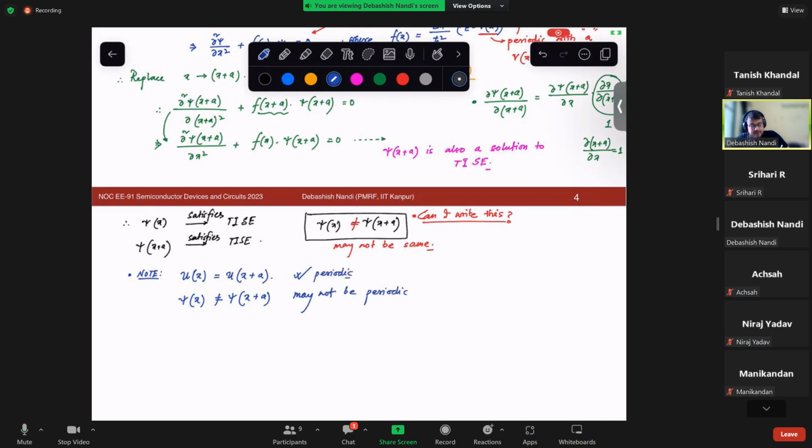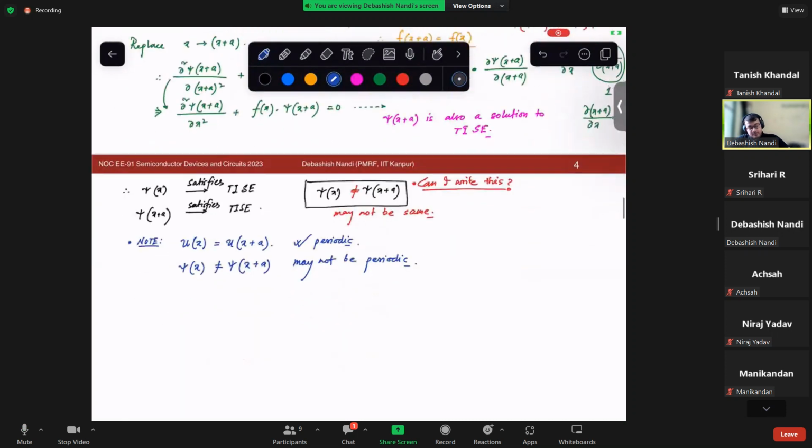So never confuse this thing. The potential profile in a crystal is periodic, but psi of x is not periodic. It may be periodic, but it is not periodic generally. So this is the point I wanted to bring out.